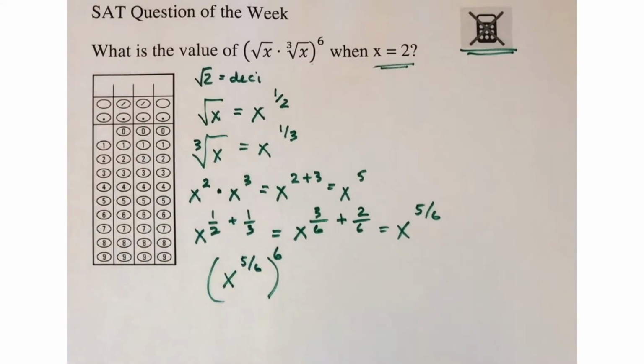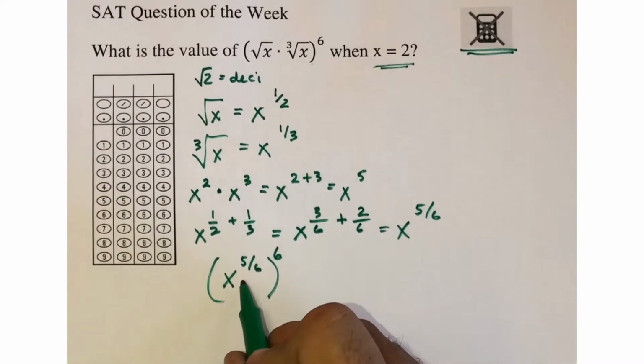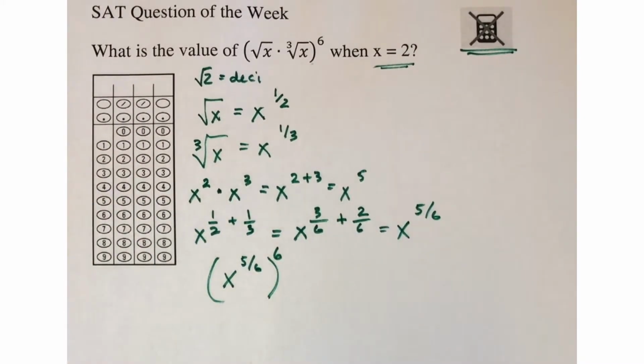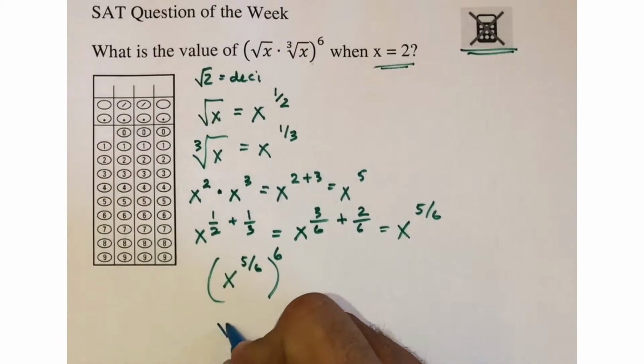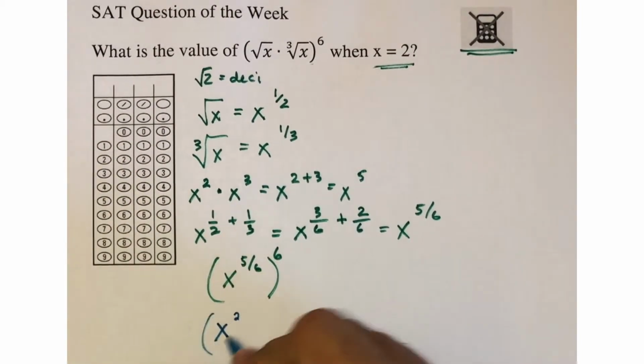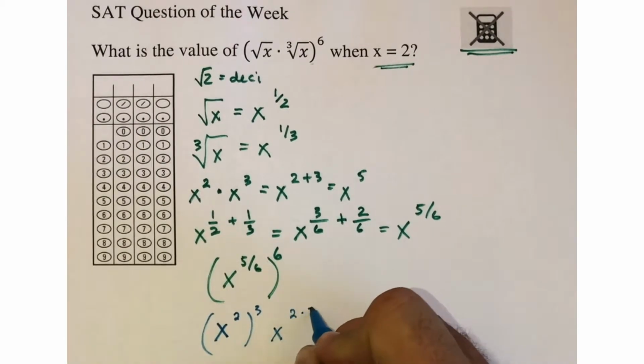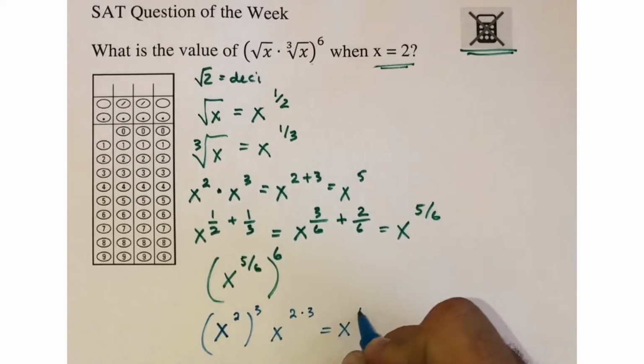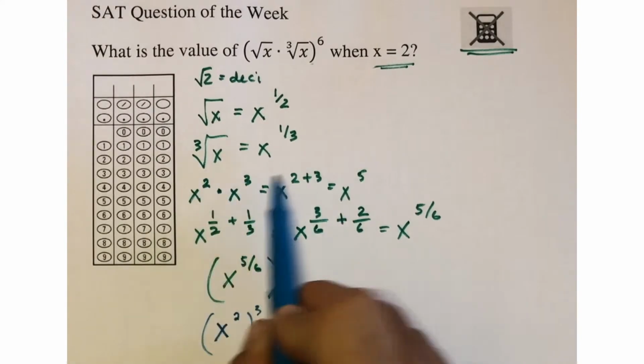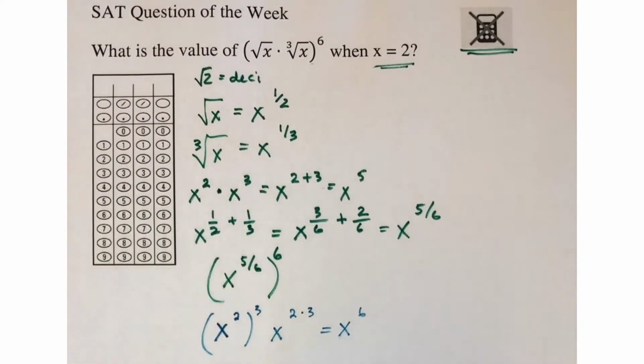raised to a 6th power. Now, another rule of exponents here is if I have an exponent raised to another power, that's actually multiplying those two exponents, to give you an x to the 6. A little bit different, where here you're adding, here we're multiplying.